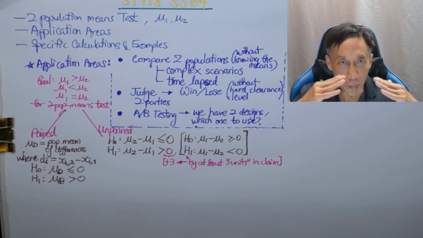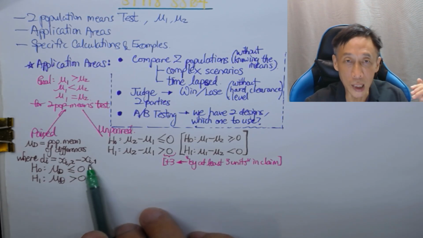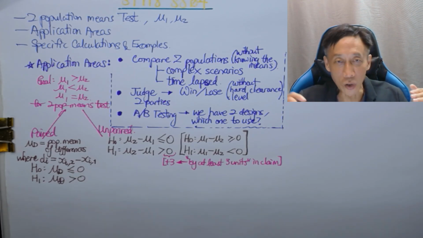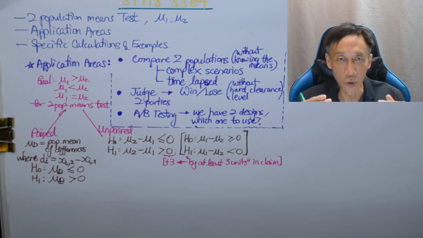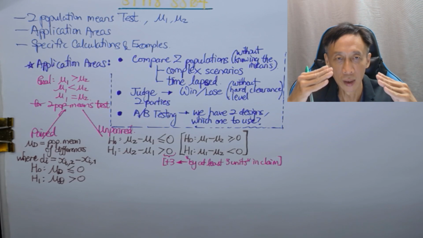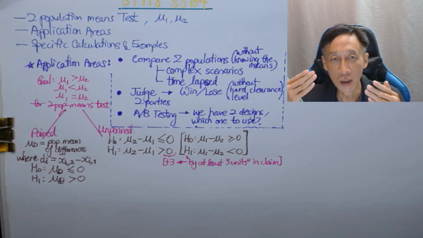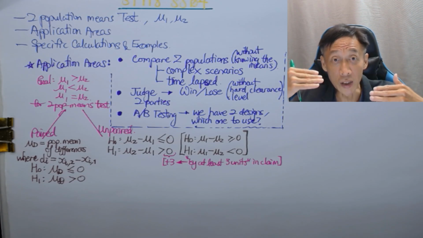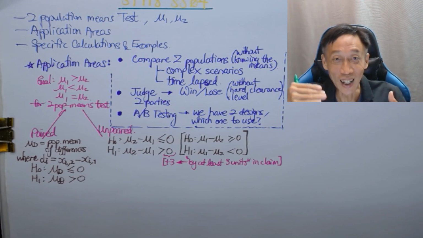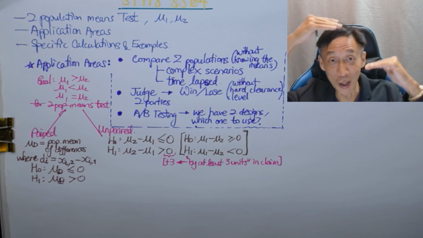But if you minus off sibling performances under the same family, then the noise cancellation effect takes place, which means if the family is rich, both siblings tend to get more learning opportunities. And rich families, there are tiers of rich families, right? And there are rich families who don't care about spending money on education.